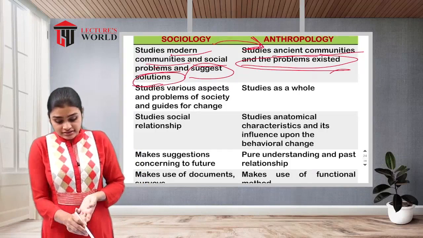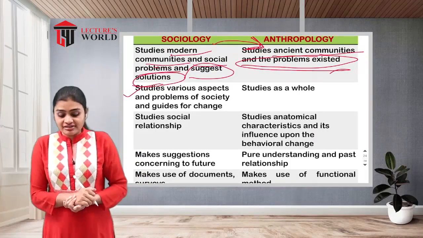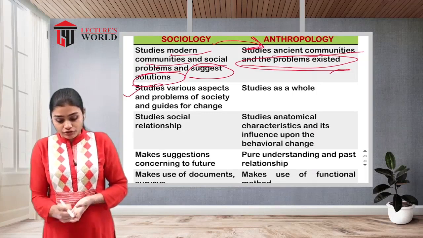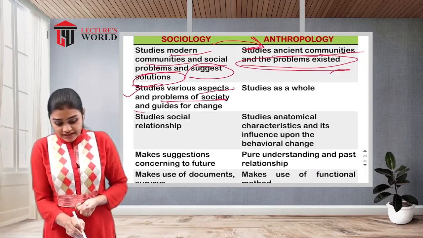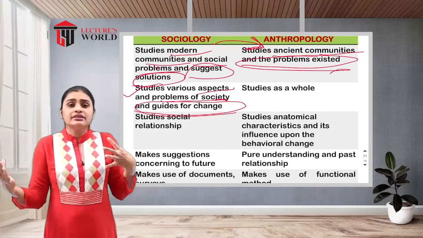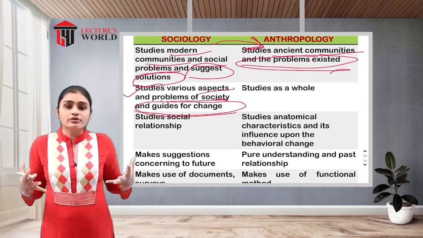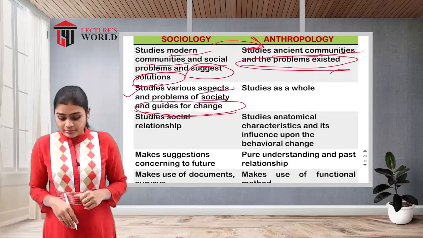The next is that sociology, in relationship with anthropology, studies various aspects and problems of society and guides for change. That means in all the aspects, they study the problems of society and give suggestions for that particular problem.